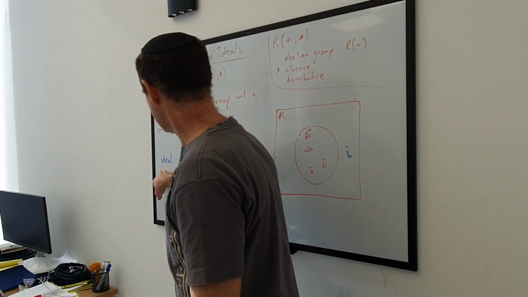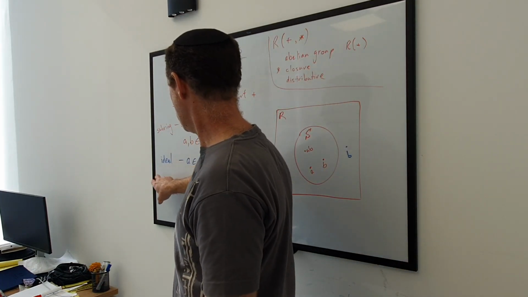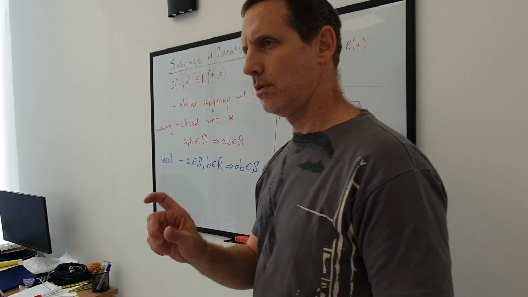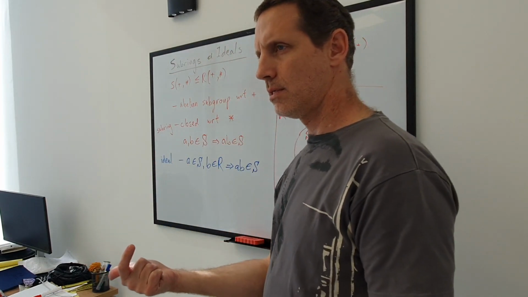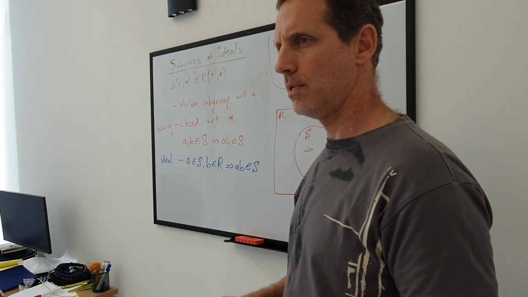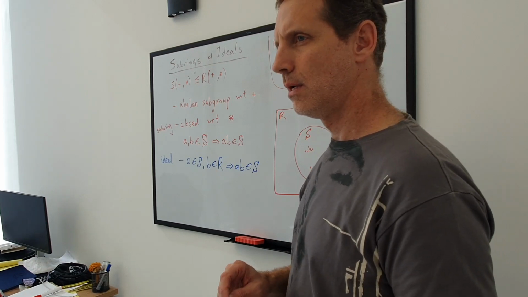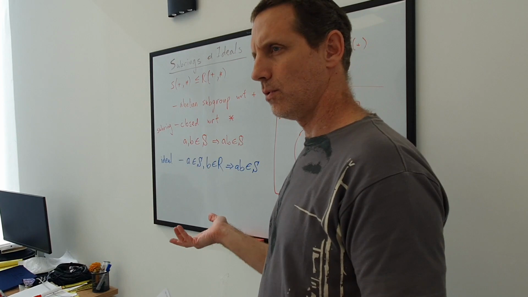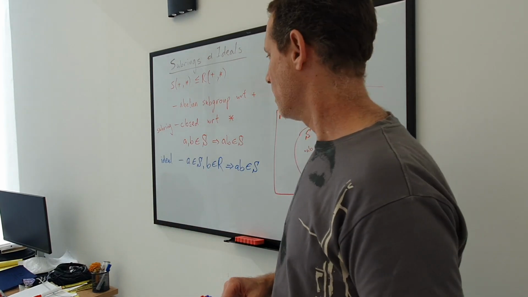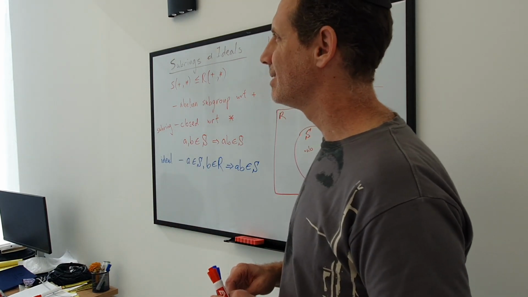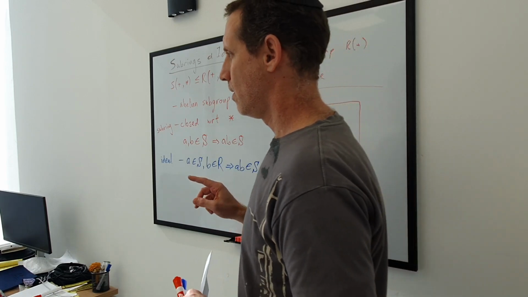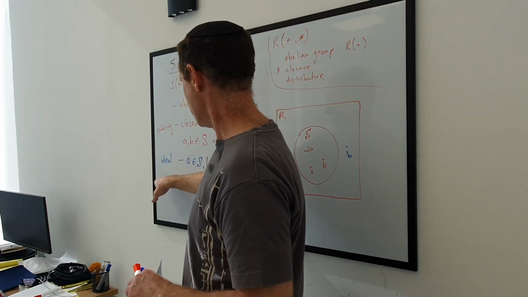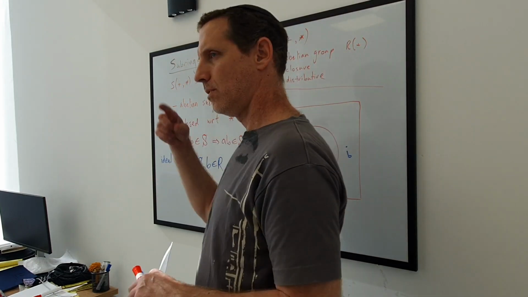So ideals technically also partition the set, the same way as normal subgroups partition the set of the group. Okay. You're going to see that at the end of today, but we'll continue next week.